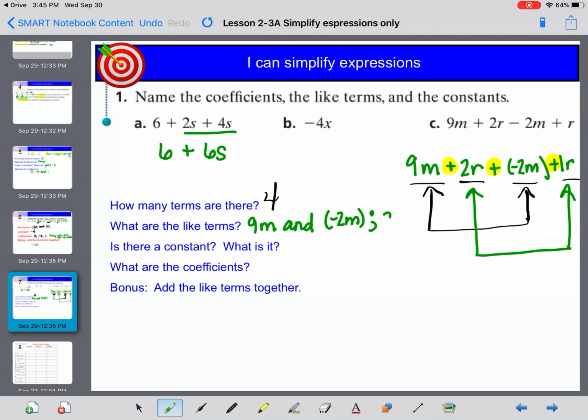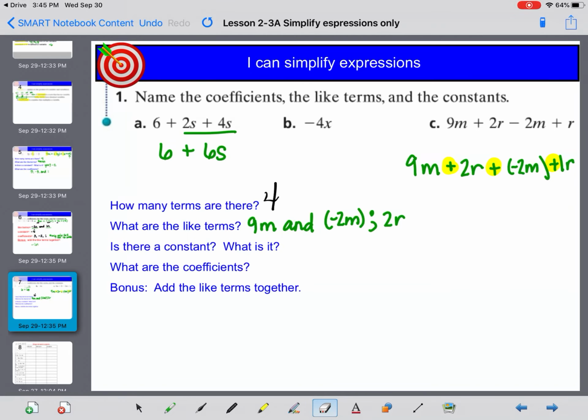Also, we have 2r and 1r. So 2 sets of like terms. Is there a constant? This time there isn't. I don't have any number that doesn't have a variable.